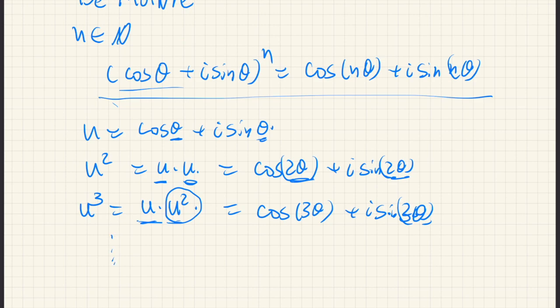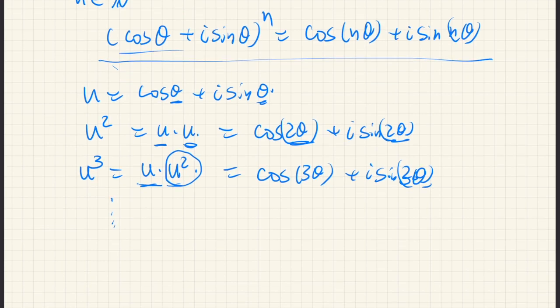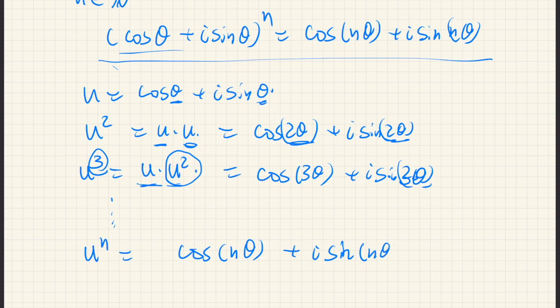So we can continue this for any number of powers. So u to the n should be cosine n theta plus i sine n theta. Okay, basically this is the proof.